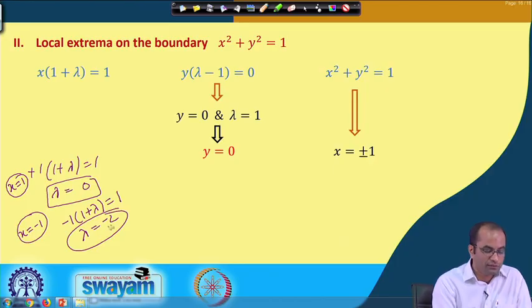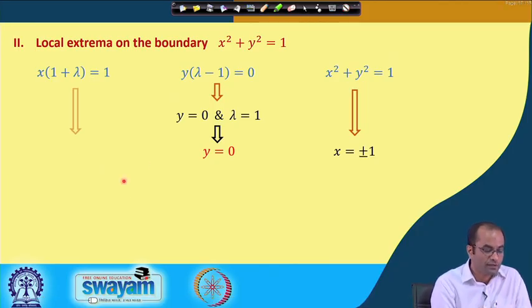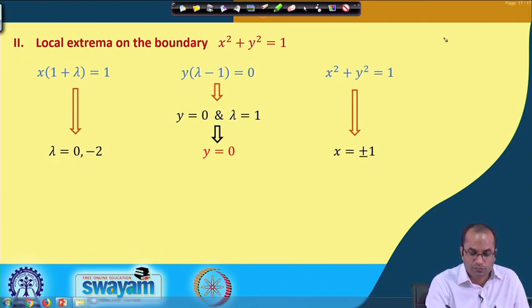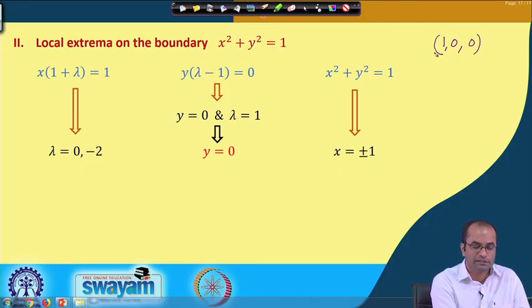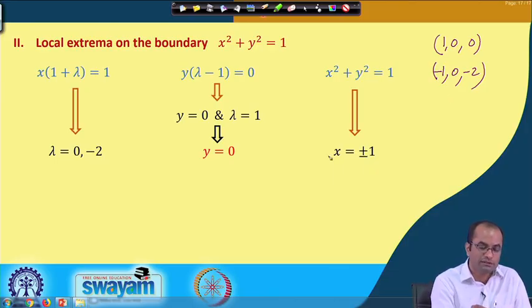So, we have lambda 0 and lambda minus 2 from this first equation. So, what are our points here? Our points are x equal to 1, y equal to 0 and lambda equal to 0. This point satisfies all these three equations. The second point: we have minus 1, we have 0 and we have minus 2. This is another point which satisfies all these equations.